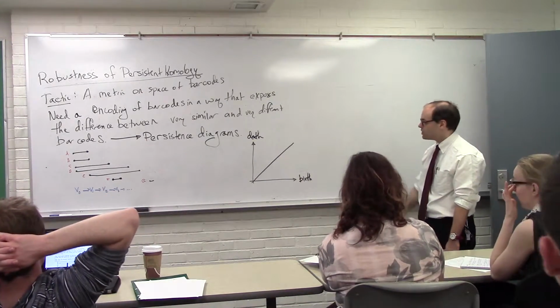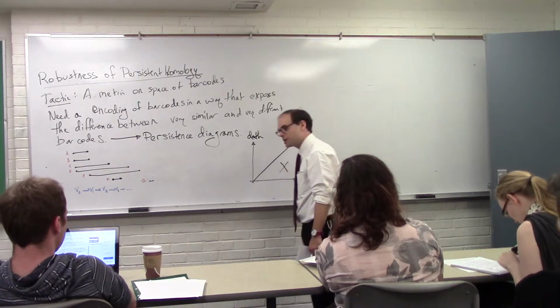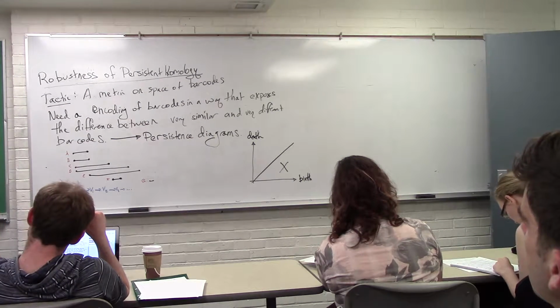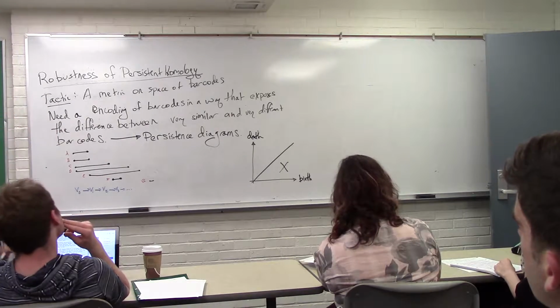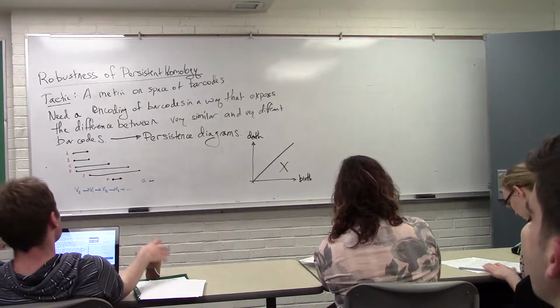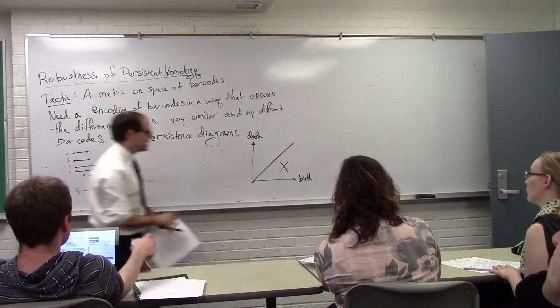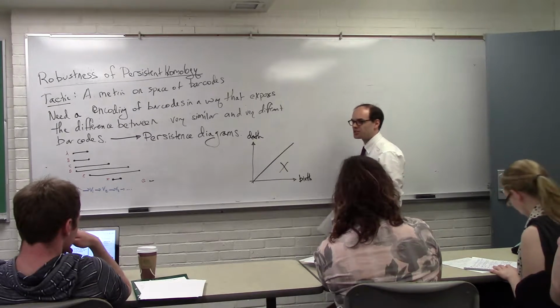Okay. So, of course, you're not allowed in here. You can't die before you're born. Because this barcode is read the other way, that doesn't happen. So each one of these barcodes ends up as a point in the first quadrant above the line y equals x.